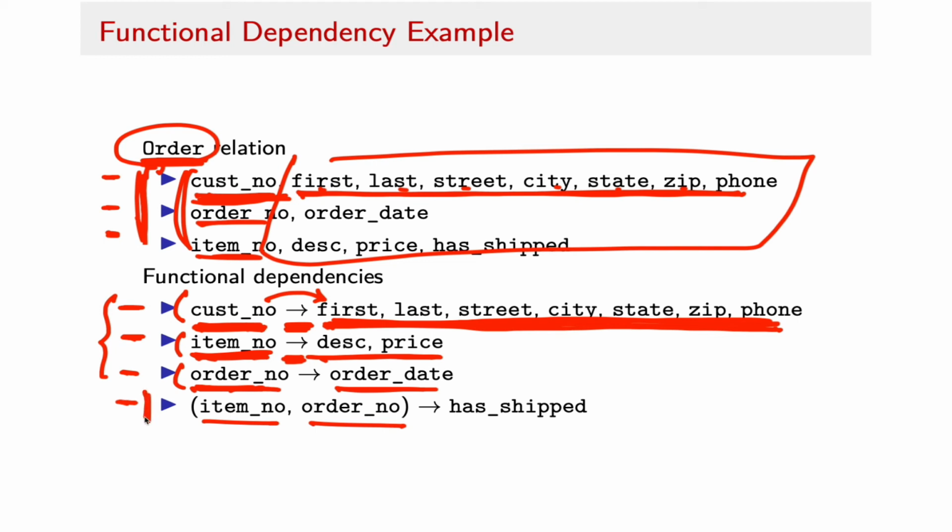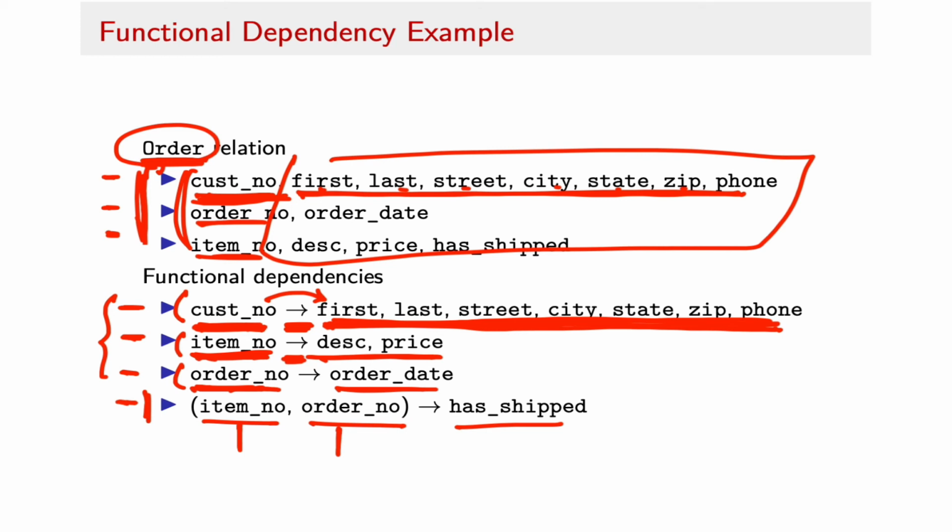Let me take a quick look at this fourth functional dependency. What we're asking here is what determines whether something has shipped. It's evident if you think about it for a little while that just knowing the item number doesn't tell us whether or not that particular item has actually shipped with a particular order, nor does just knowing the order number let us know whether that particular item has shipped, because there might be some items on the order that have shipped and some that haven't.